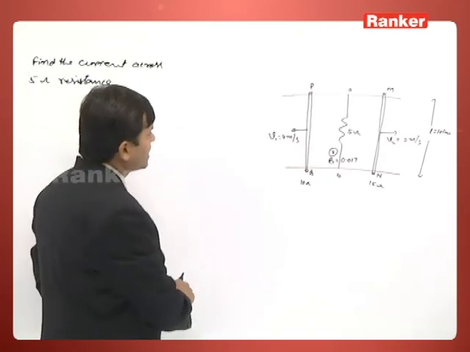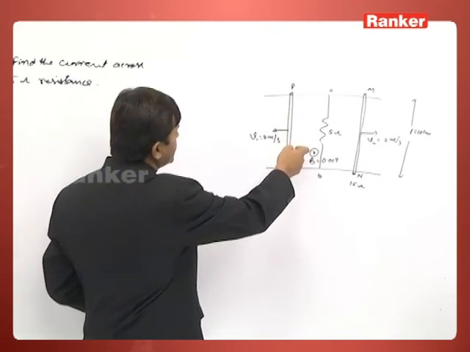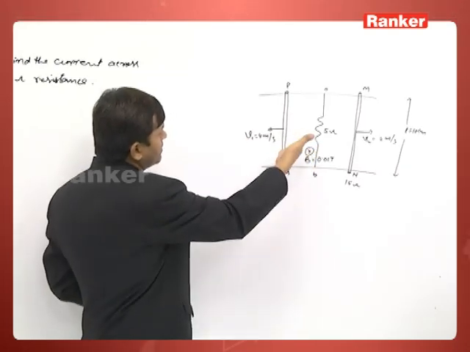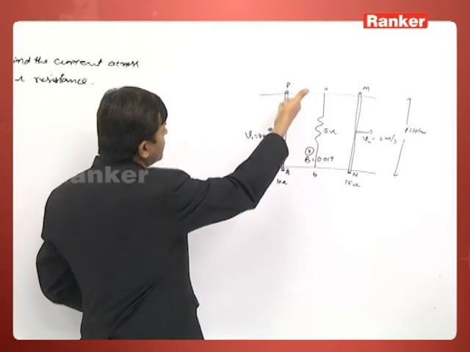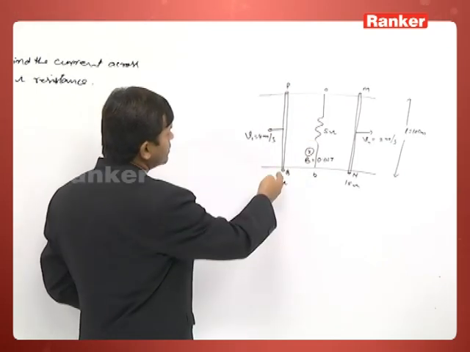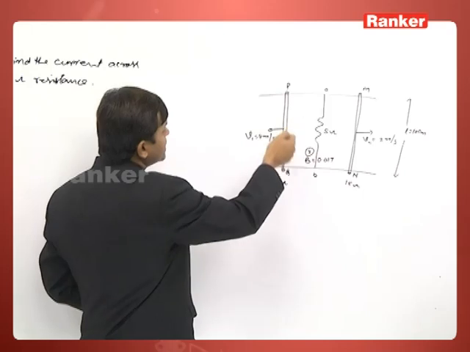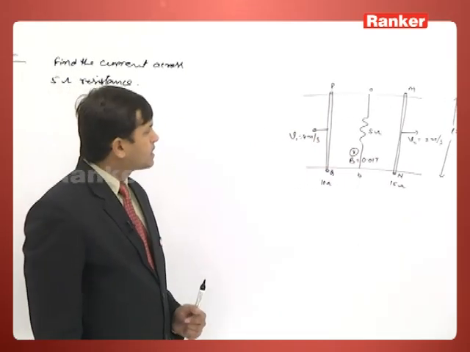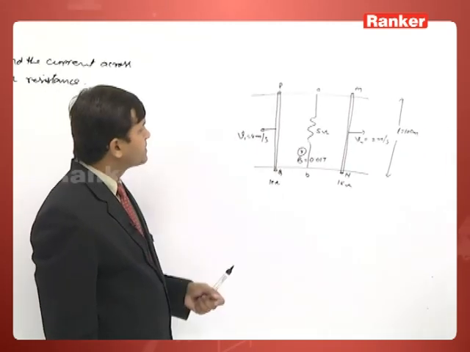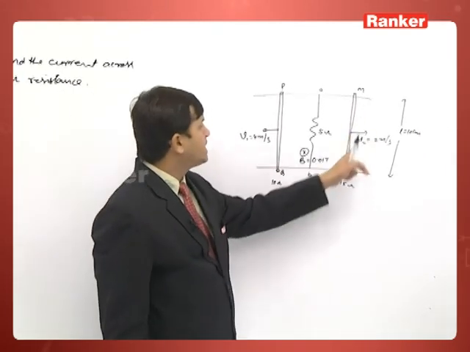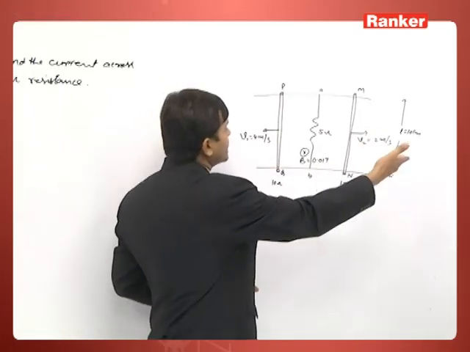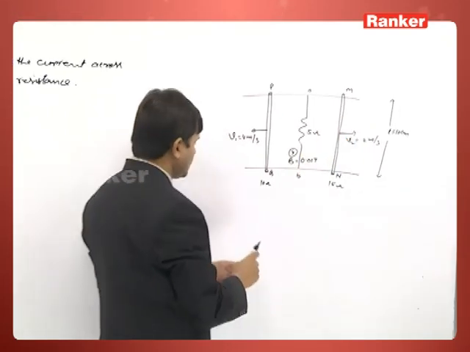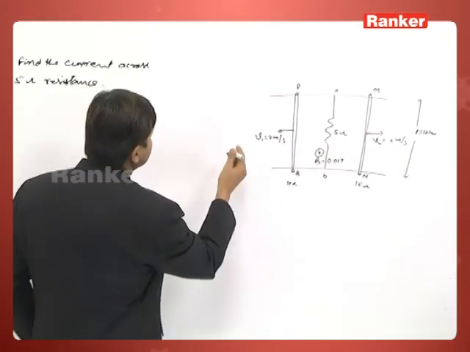See here, if I look at the PQ conductor, velocity is in this direction, magnetic field is inward. By the rule, P will be at higher potential than Q. So in place of PQ, we can replace it with a battery of EMF V1 BL. Similarly, in MN, velocity is in that direction, so M will be at higher potential than N. See here, that whole system can be replaced like this.